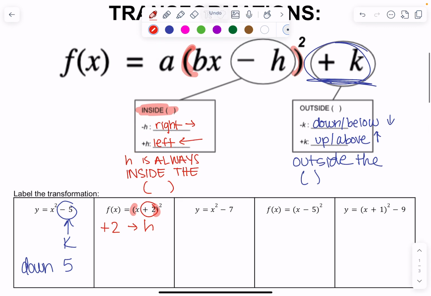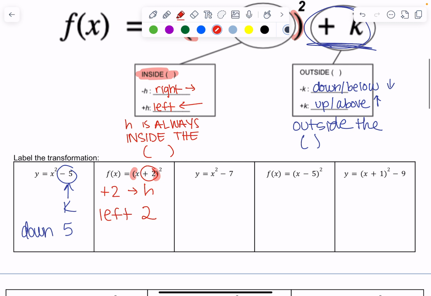Left. So we went left 2. If I look here, there's no parentheses. That means this has to be my K. Negative 7 is K. Since it's negative, I'm looking right here, and that means down 7.